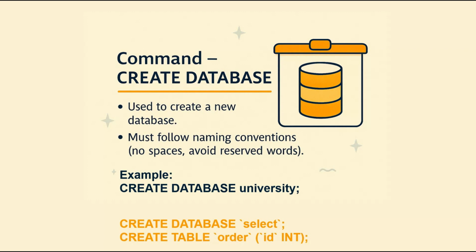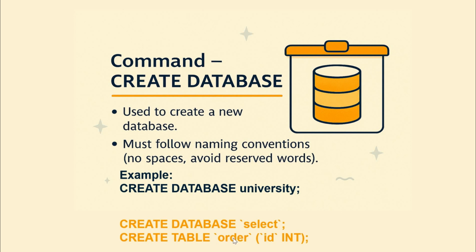But if you still want to use a reserved word, in this case, you need to write it like this. For example, here we have create database. The name of the database is select. So what we can do to use the same reserved word in SQL, we need to add this word between these 2 backticks.